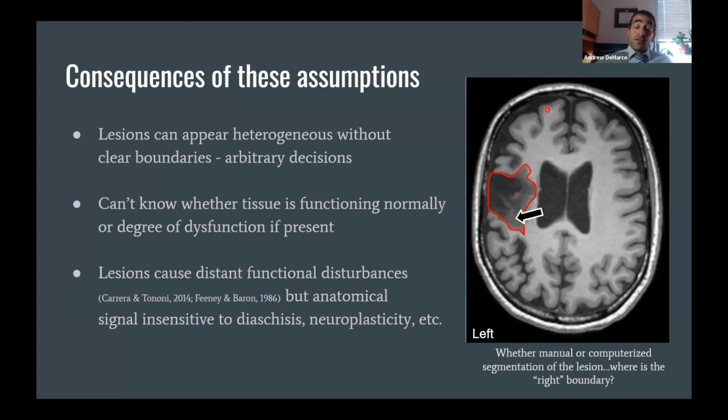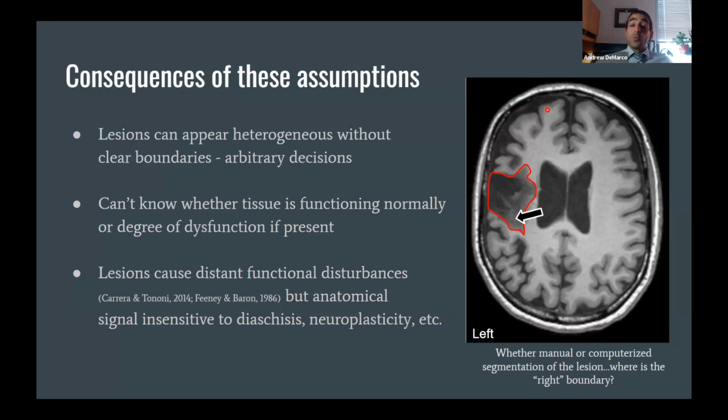These distant changes can include things that are typically seen as negative, like diaschisis, a term I tend to stay away from because some people really don't like it. It means different things to different people. I will instead usually use the term remote dysfunction.